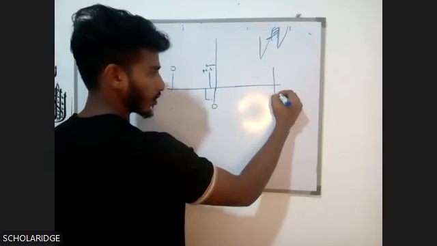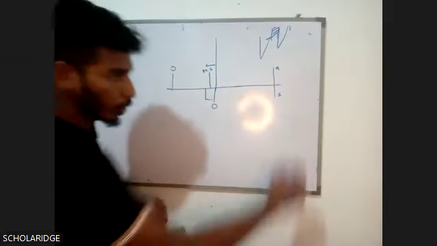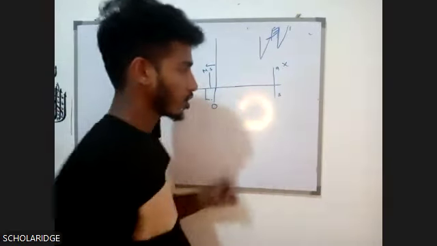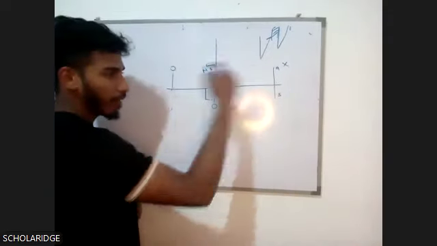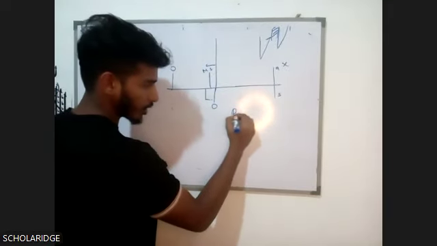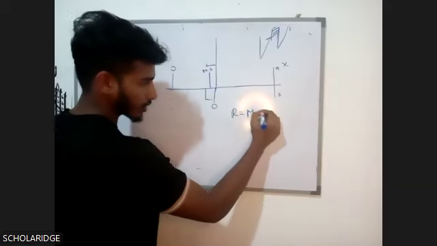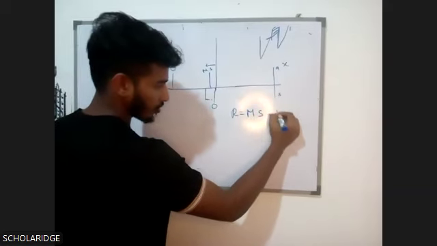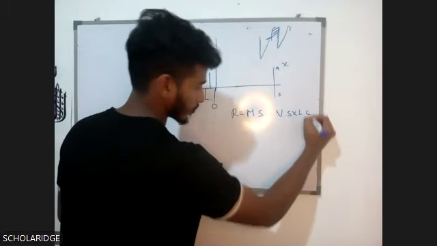So let's say this is 5 and this is somewhat 9. Now, no need to obtain this measurement. Obtain the vernier scale reading and multiply it by the least count. So the equation is reading equal main scale plus vernier scale into my least count.